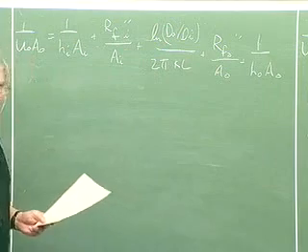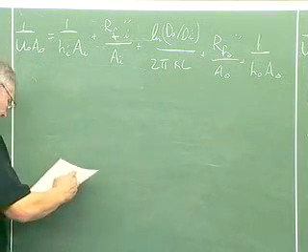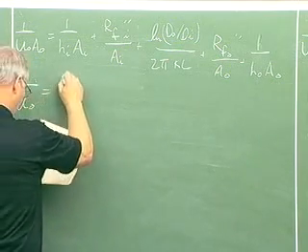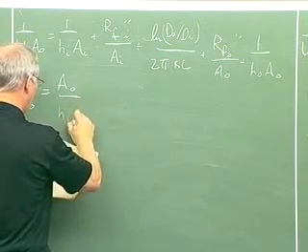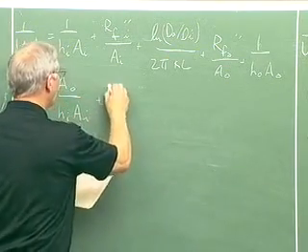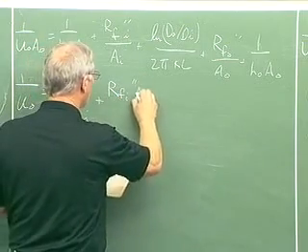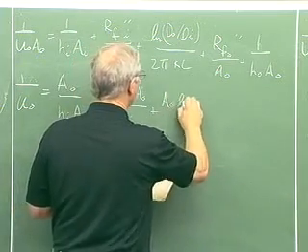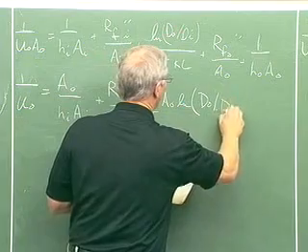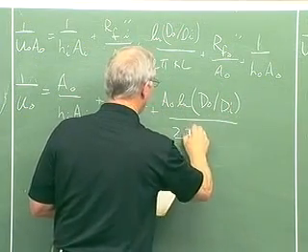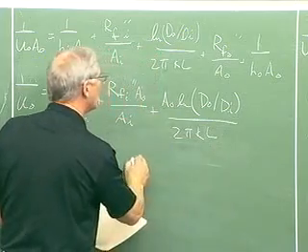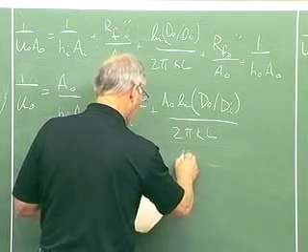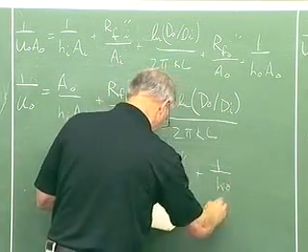Okay, I'm going to multiply both sides by A0, and we get 1 over U0 equals A0 over HI AI plus RFI double prime A0 over AI plus A0 log of D0 over DI divided by 2 pi KL plus RF0 double prime plus 1 over H0.